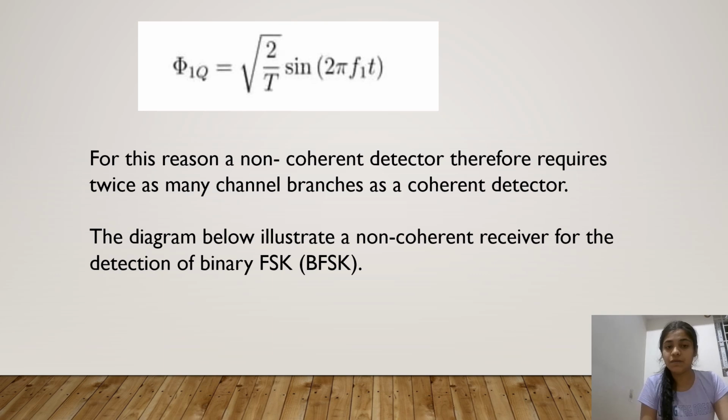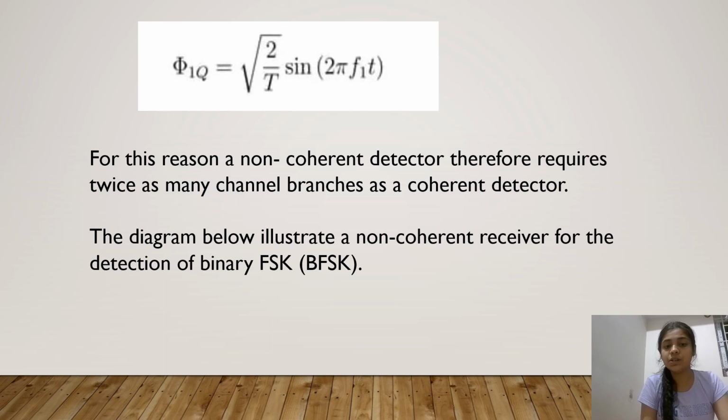Here we can see the difference: in the in-phase we are using the cosine, in the out-of-phase we are using the sine. For this reason, a non-coherent detector therefore requires twice as many channel branches as a coherent detector.